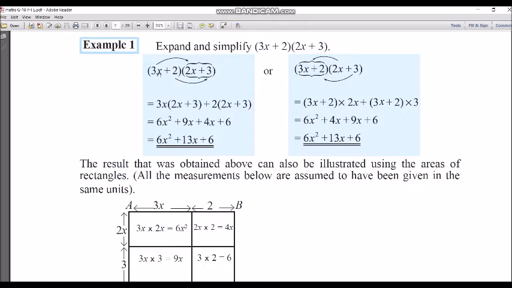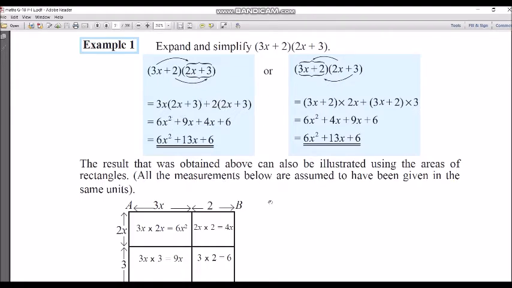But the simplification is the same, 3x into 2x. 2x, 3x we have done in the review exercises, that is 6x squared, and then 3x into 3, 9x, 2 into 2x, 4x, 2 into 3, 6, and then we have to simplify it.